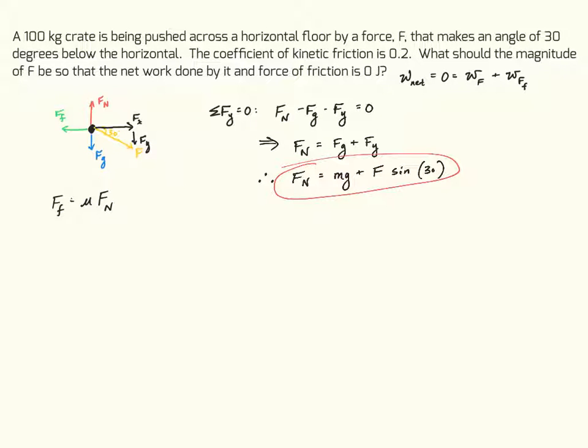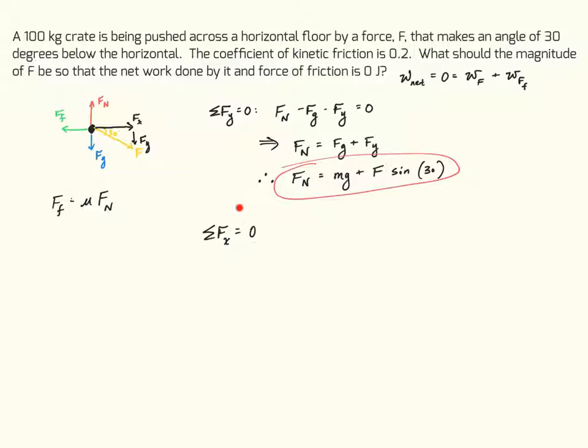Because now we're going to work in the x direction. Our summation of forces in the x direction is going to equal 0, because if our net work is 0, that means our velocity is not changing at all, so there's no acceleration.